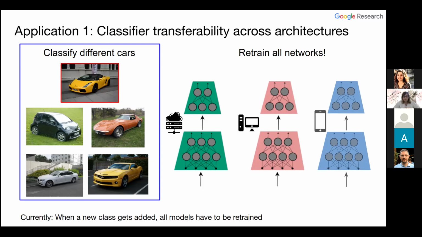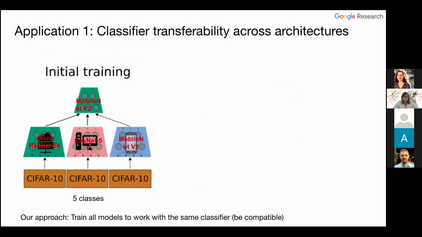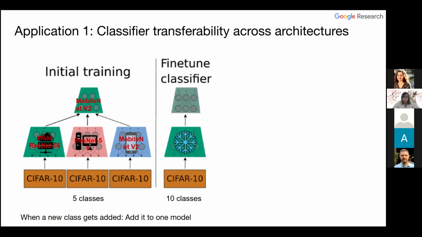Our idea is that we can just make all the feature extractors compatible and then make that process simpler. So the approach we use is first we train all feature extractors with the same classification head so that they're compatible. Then we extend the number of classes. In this experiment, we start with 5 CIFAR-10 classes, then we add the remaining 5 so that we go to 10 classes.